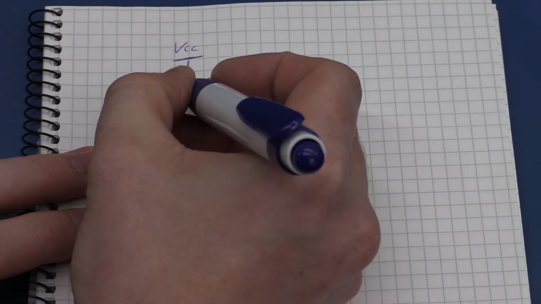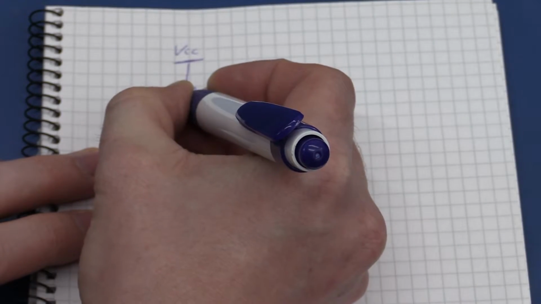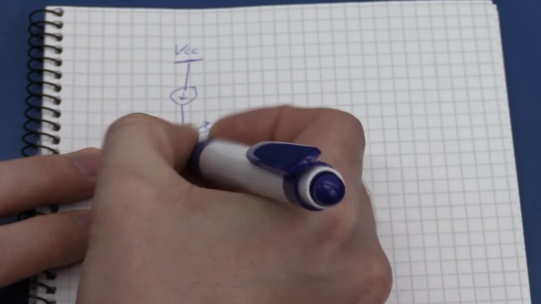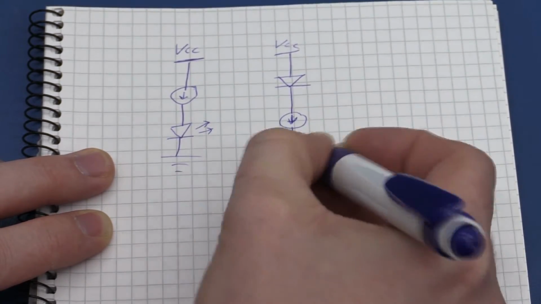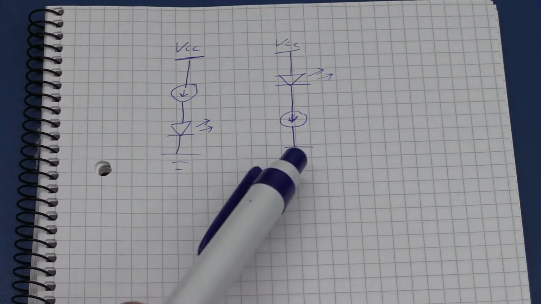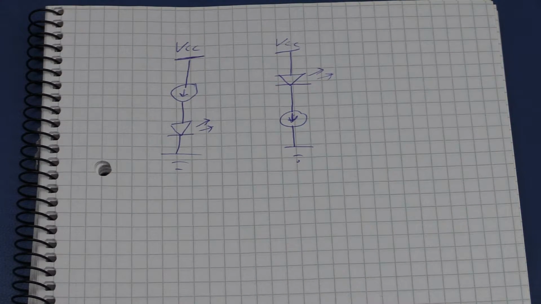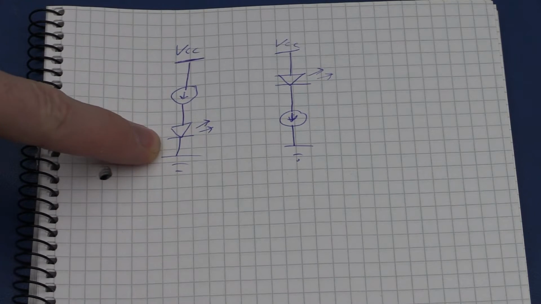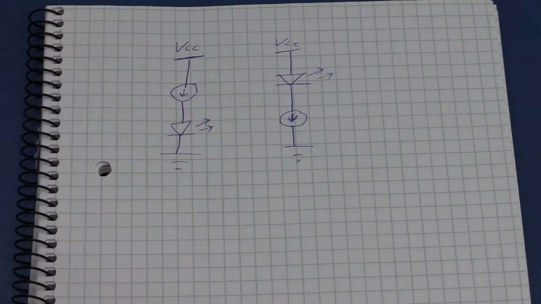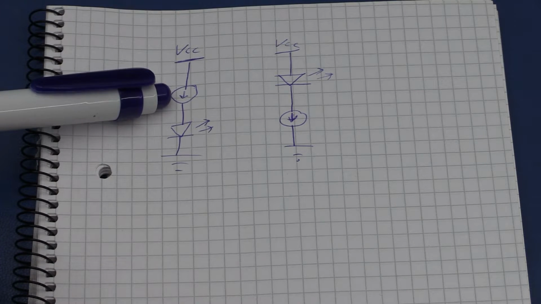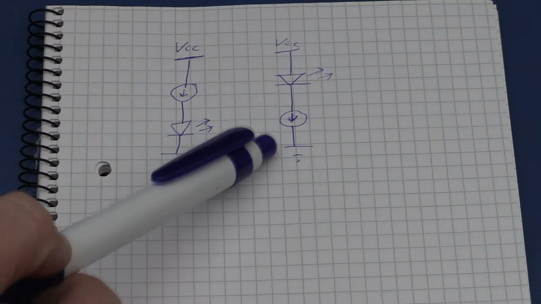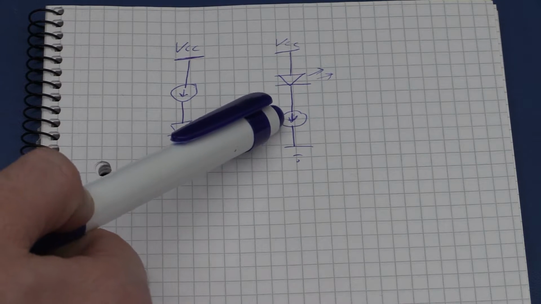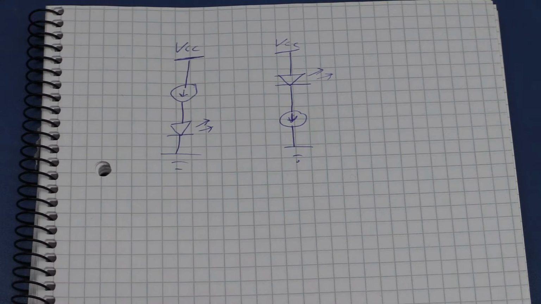There's two different types to mention. We have a constant current source, but we can also have a constant current sink. It just depends on which side of the load you put your regulator. This regulator will regulate the current with reference to the positive rail, and this regulator will regulate with reference to the negative rail.